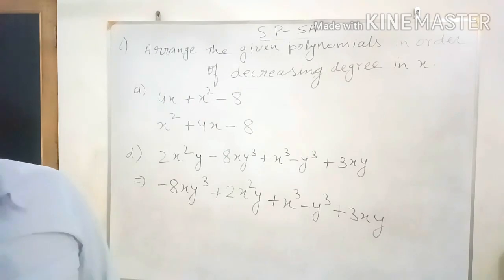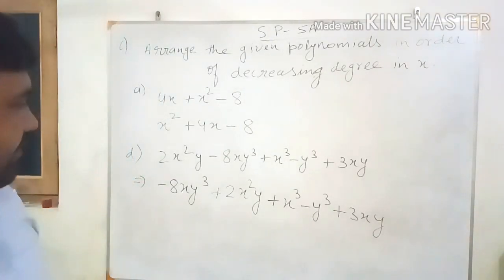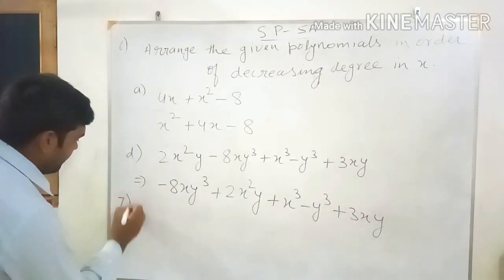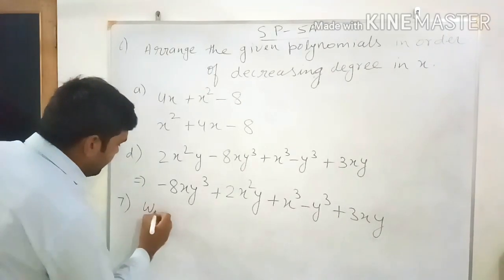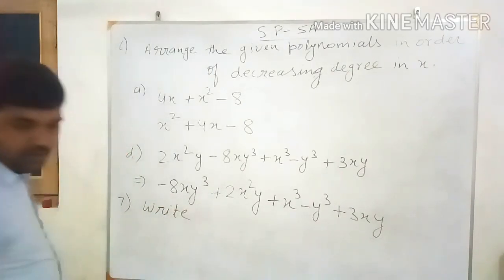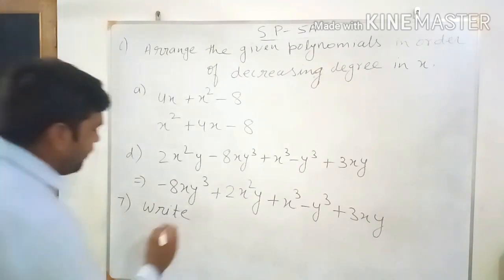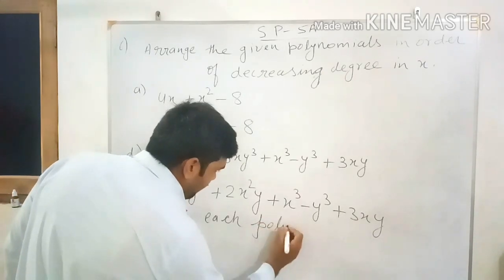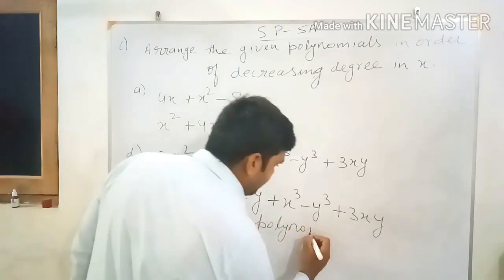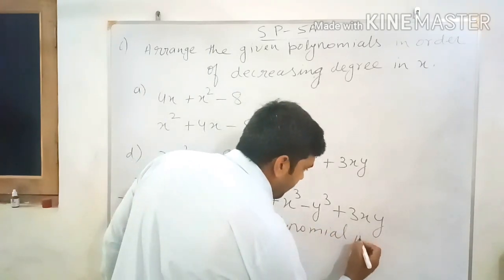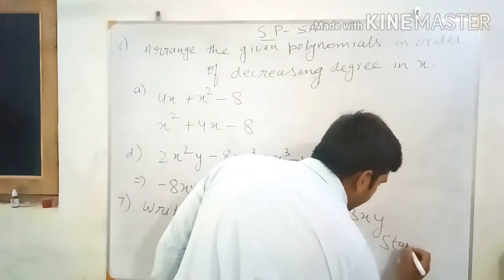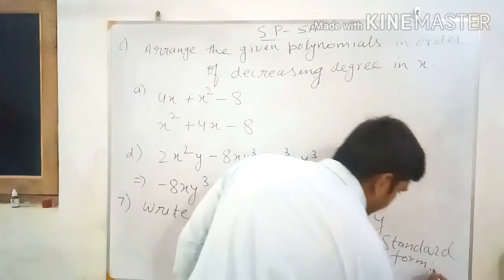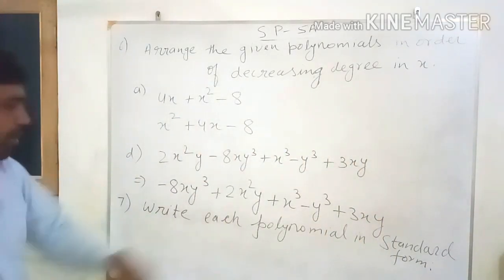Question number 7: write each polynomial in the standard form.